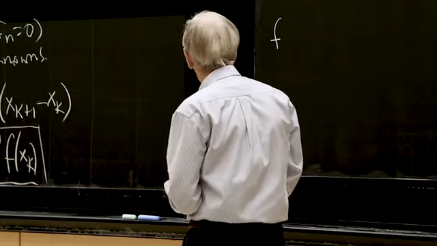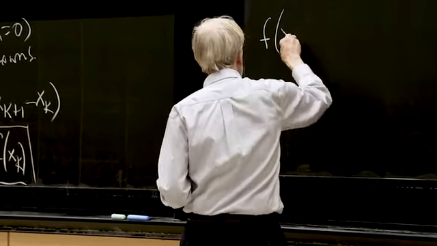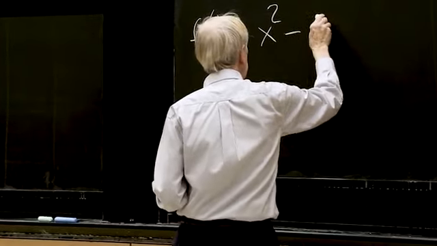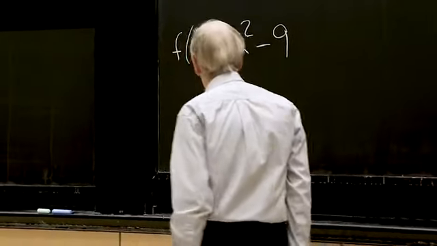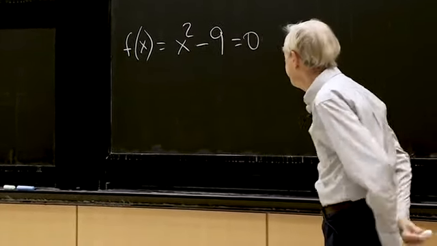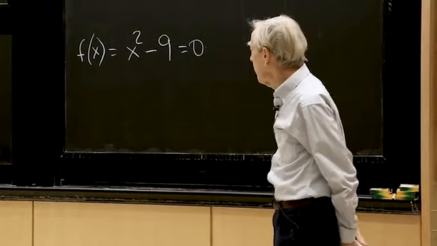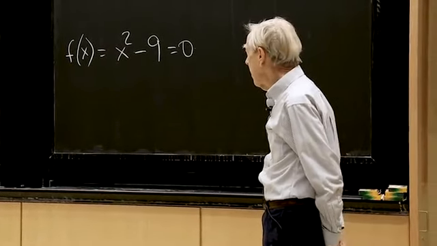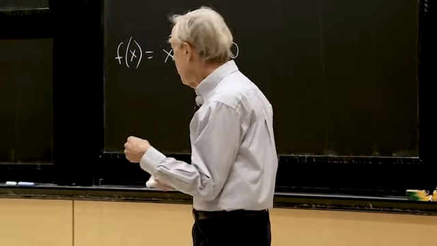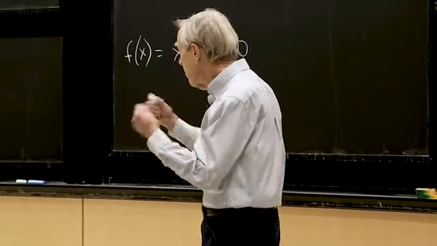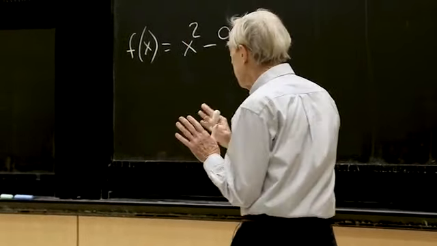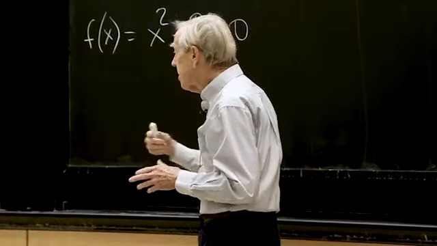Suppose my function is x squared minus 9, and I want to solve f of x equals 0. I want to find the square root of 9. So what is Newton's method for it? My point is just to see how Newton's method is written and then rewrite it a little bit so that we see the convergence.